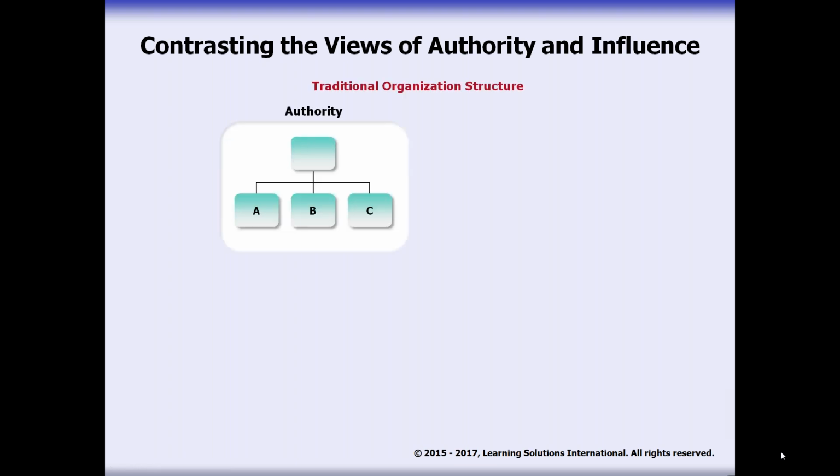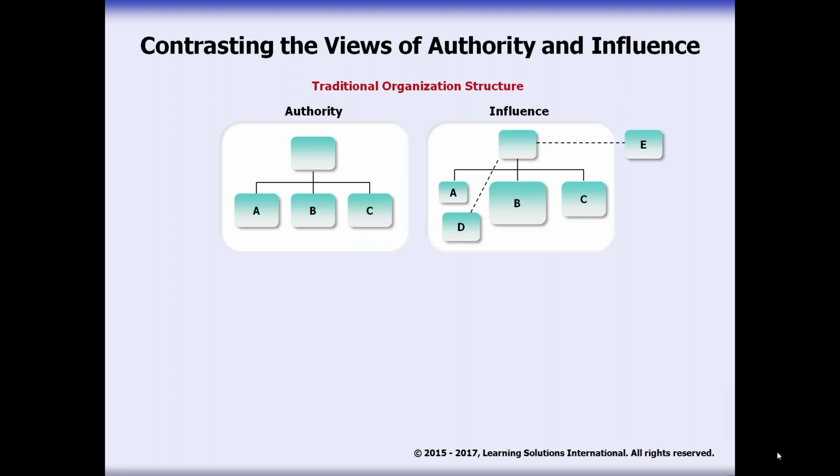If we look at a traditional organizational structure, we look at players A, B, and C here, and basically they have equal authority. Authority given to them by their rank on the organization chart. Now, from an organization chart, we cannot tell influence. We can't tell which one of those players has influence over our sales opportunity.